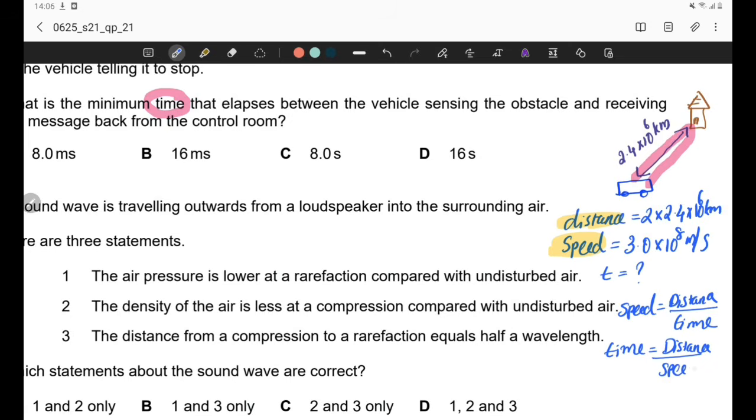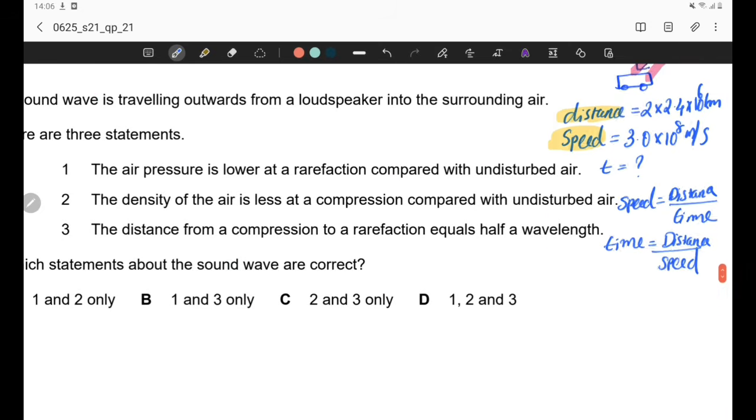We have the values, so we can substitute. Time is equal to, the distance is 2 times 2.4 times 10 to the power 6 kilometers. So we need to convert kilometers to meters. For kilometer to meter conversion, we should multiply by 10 to the power 3. So that conversion also we have to do here.